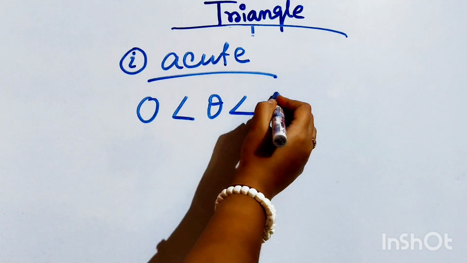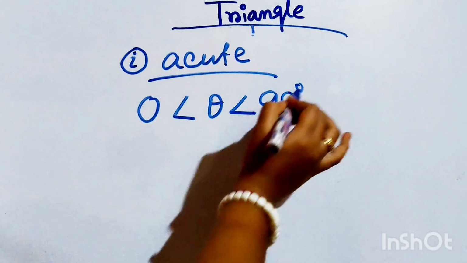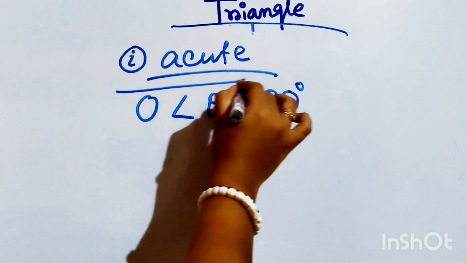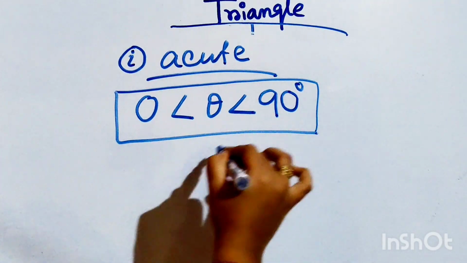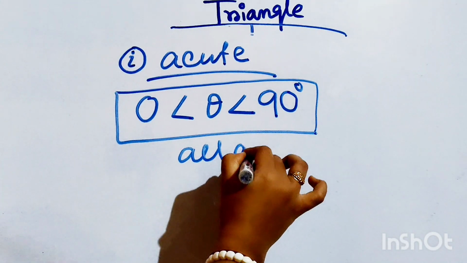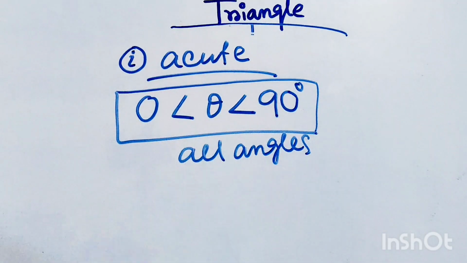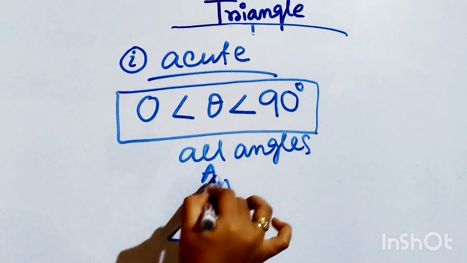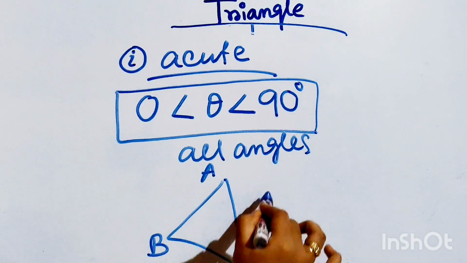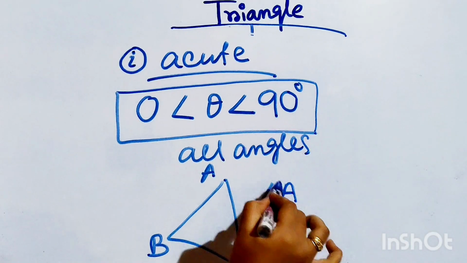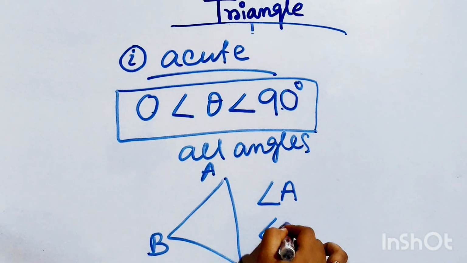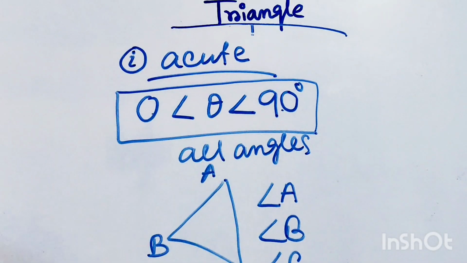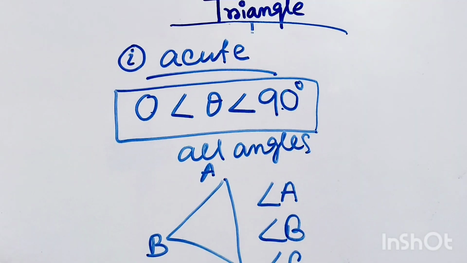Now what will be an acute angle triangle? All the angles of a triangle, meaning the three angles in a triangle. If all three angles of a triangle lie between 0 and 90 degrees, or all three angles of a triangle are acute angles, then this triangle is an acute angle triangle. Here I have drawn a triangle ABC.